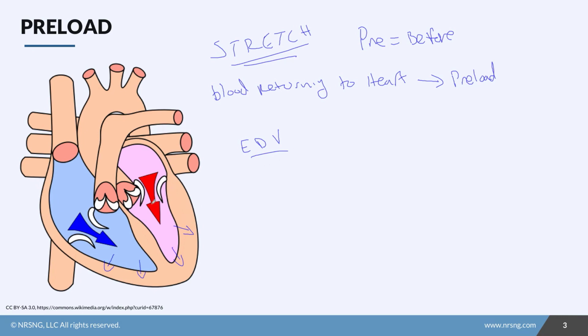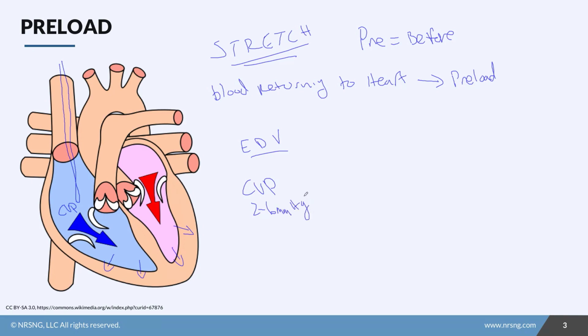So instead, what we do is we use a central line, insert it into the superior vena cava, directly into the right atrium. Remember, the right atrium is where blood returns from the body. This pressure in here is called central venous pressure, or CVP. And the normal CVP for a healthy individual is 2 to 6 millimeters of mercury.